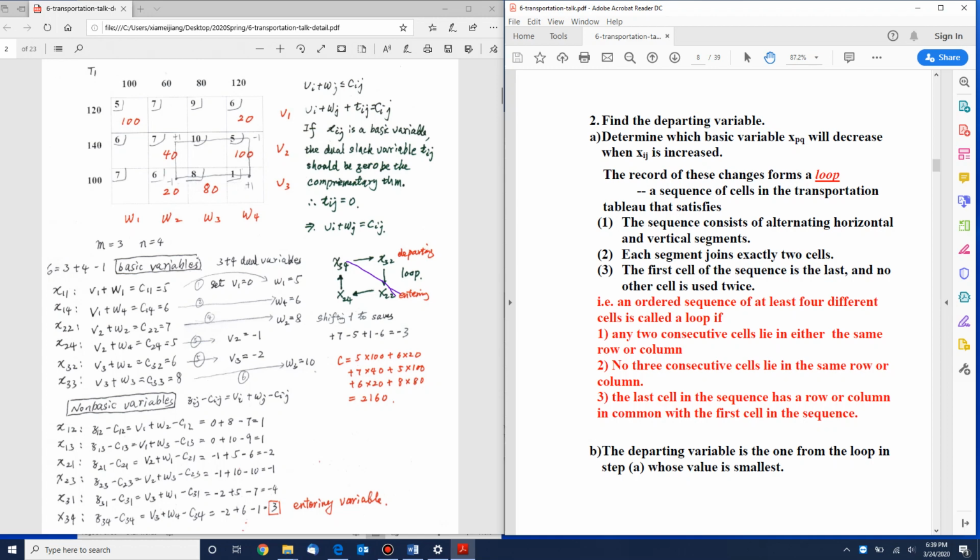That actually means we need to reduce 1 in market 4. You just look at the column, market 4. If we want to add 1 from source 3 to market 4, then we may reduce 1 unit from source 2 to market 4, or from source 1 to market 4.